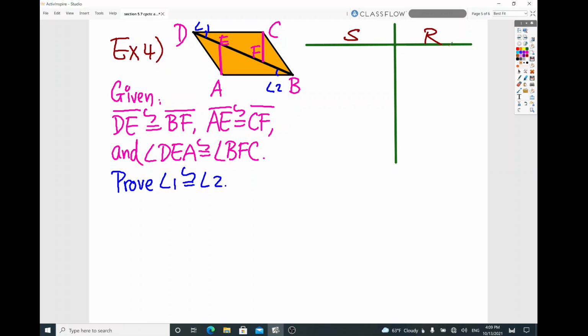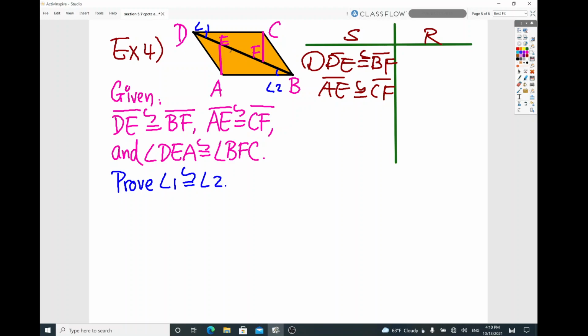So always start with the given. No matter what you need to prove, always start with the given. We don't make things up yet, okay? So start with the given. So start with segment DE is congruent to segment BF. AE is congruent to segment CF.